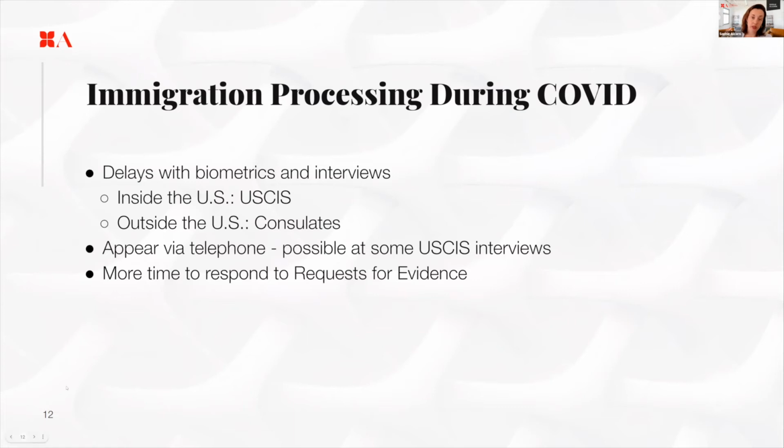So it's very important to keep the timeline and those variables in mind as you create your specific strategy. Other recent changes for green cards and citizenship now, sometimes telephonic interviewing is available. Attorneys can attend by phone, so that's a little bit of a difference. And the government in general is still offering people more time to respond to requests for evidence in the pandemic.